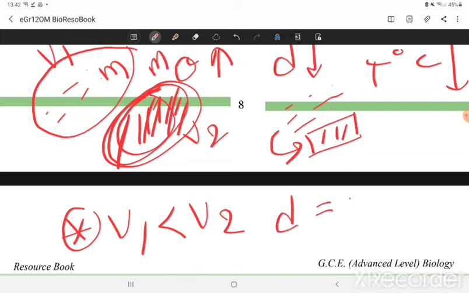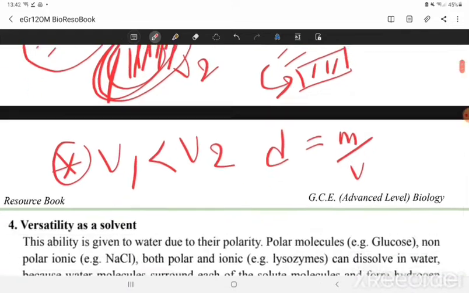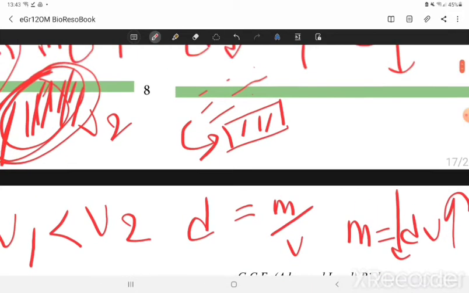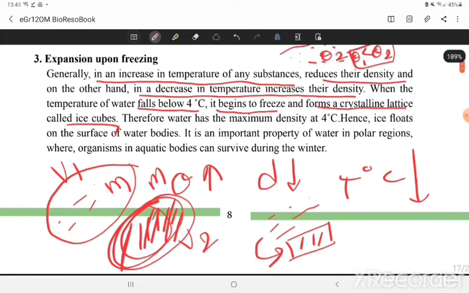Density is mass divided by volume, so we can isolate mass and say mass m equals dV. Mass is constant when a mass m of liquid converts into ice. It doesn't change. But the volume increases, then the density has to decrease. So therefore, water has a maximum density at 4 degrees.